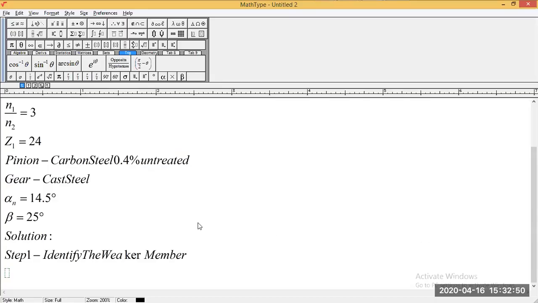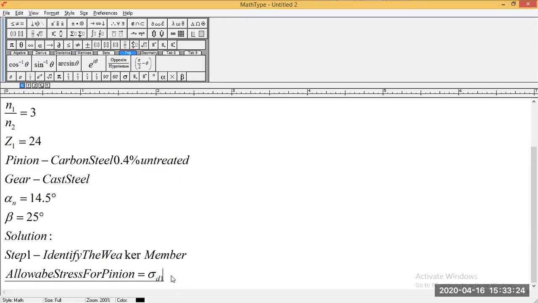So for the pinion, the allowable stress is sigma d1. 1 is pinion, right?